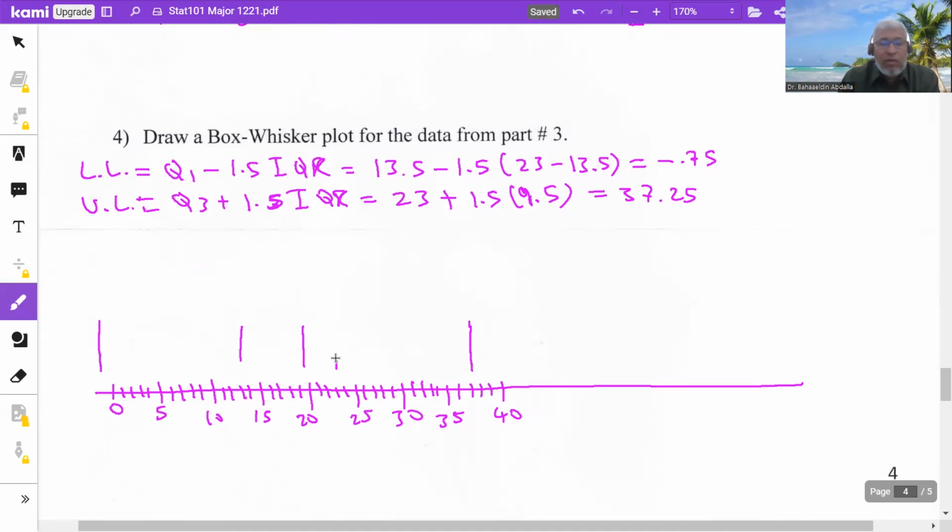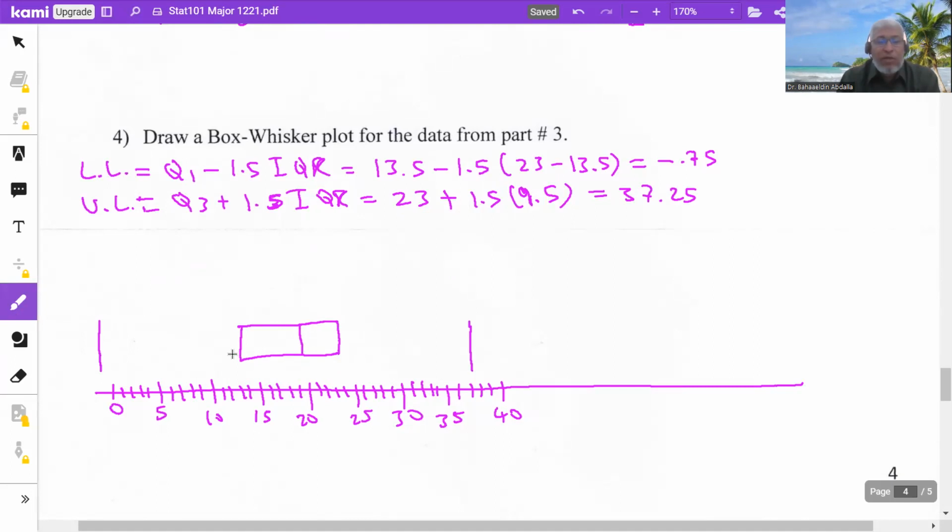Q3 is 23. So this is the box. And it's clear that the median is closer to Q3, so the data is left skewed.